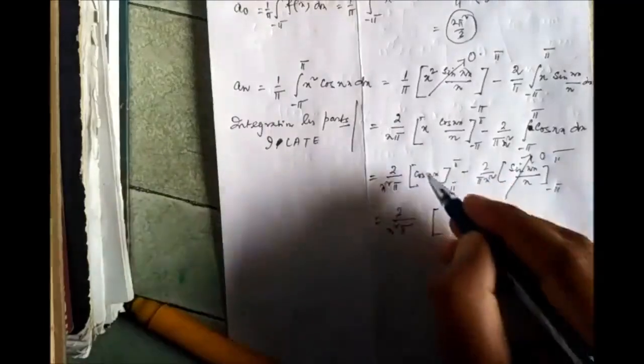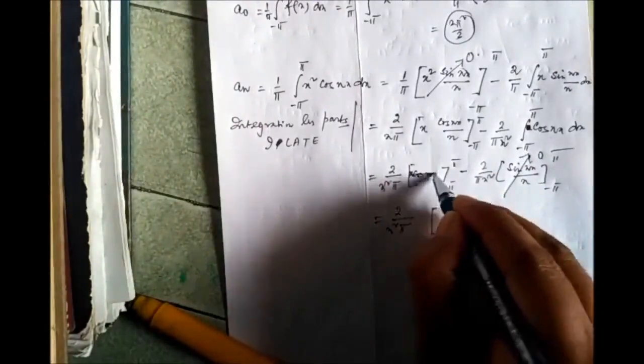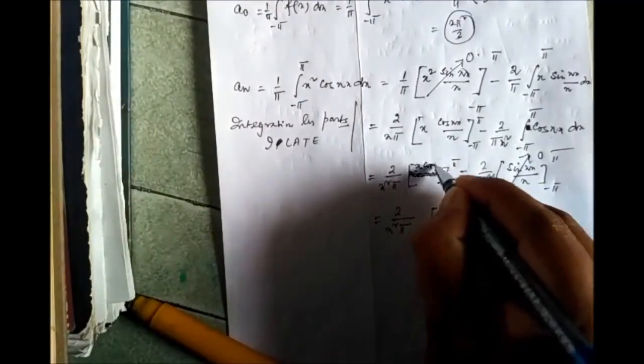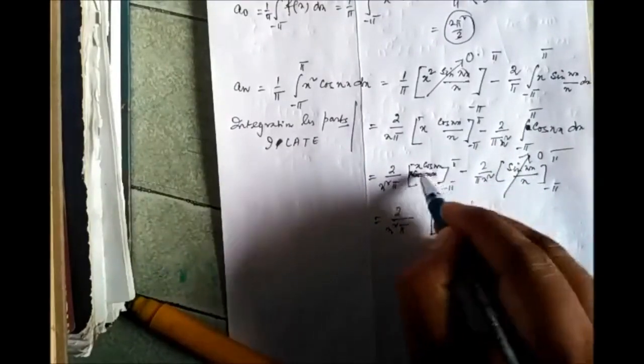So 2 by n square pi, one term x remains here, sorry, this will be x cos nx. This term is 0.